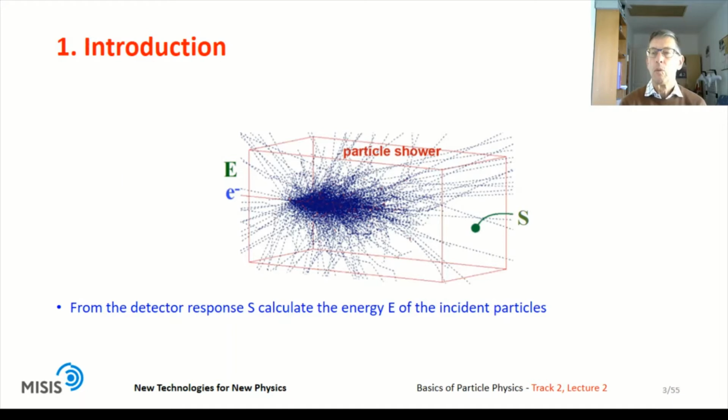So, what is this about? Well, we have an incoming particle, for example, as you can see in this picture, that comes with a certain amount of energy E, and it hits a block of material. And in doing so, it can interact in a number of ways. There's a number of processes that this particle can undergo, and a number of them will involve the creation of new particles.